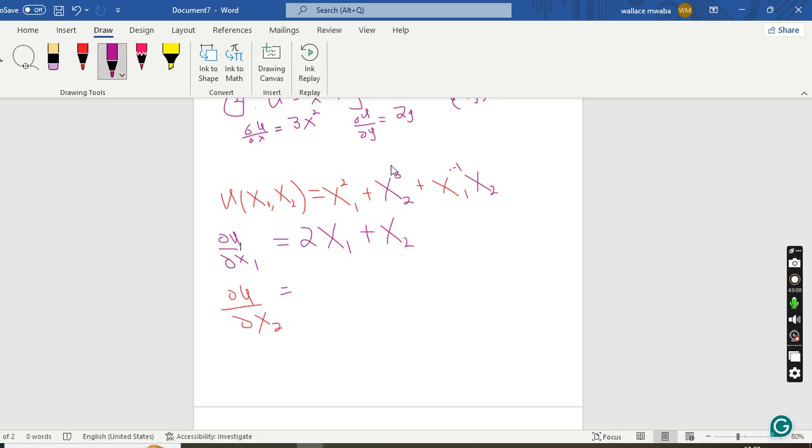Oh, cubed, not squared? That's cubed. So that's 3x2 to the power 2, plus x1. Plus x1, yes. Any questions?